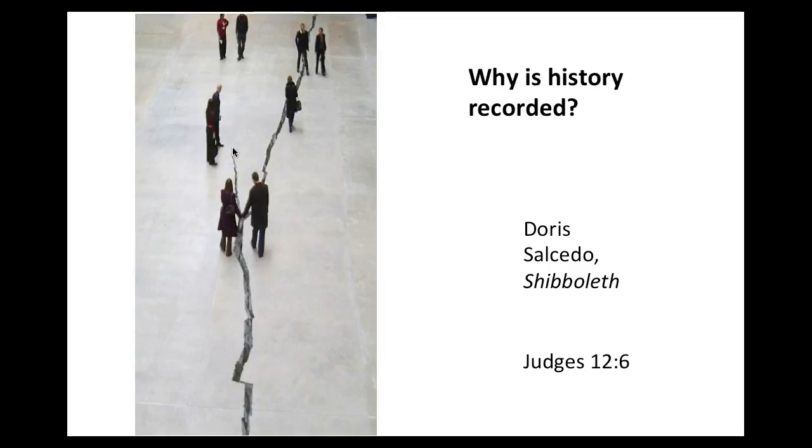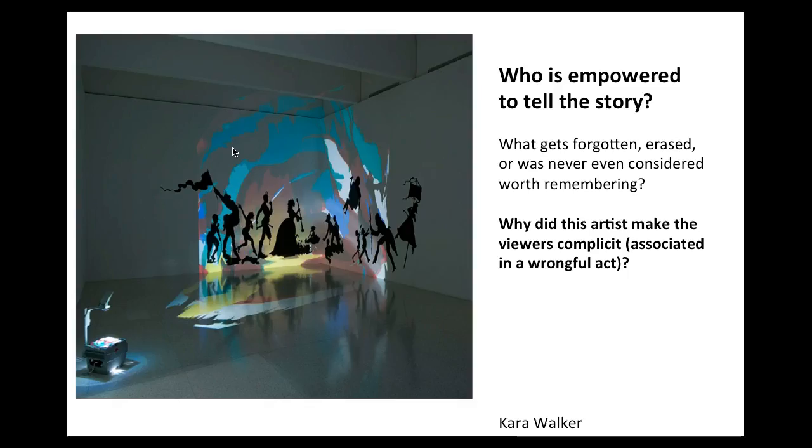Basically, you're trying to tell if someone is bluffing about their religion or if they really are involved. Doris Salcedo was trying to show us how we veer based on the crack of the Shibboleth. So are we all going one way or the other, or are we separated by our religion?